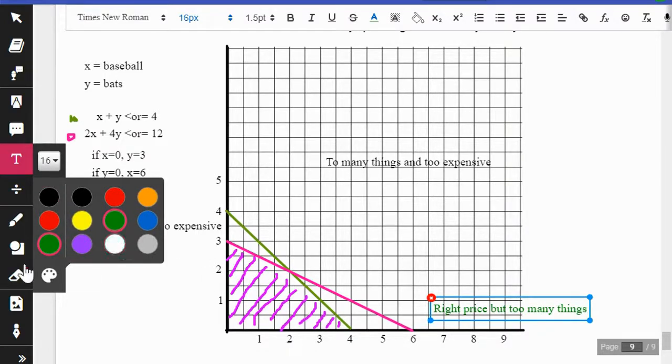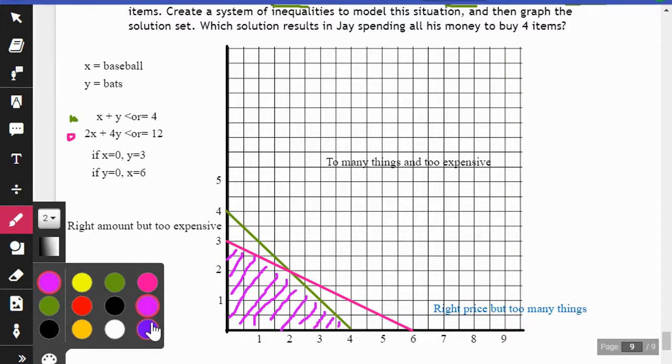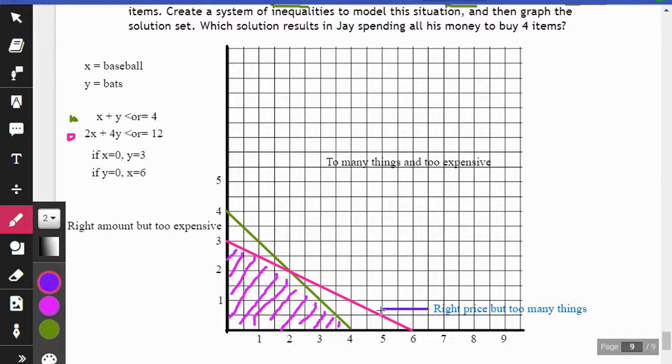And we'll just really quickly label that so you can see what's going on. I'll make this one be blue. I'll make this be blue as well. Won't do that because it looks like another solution.